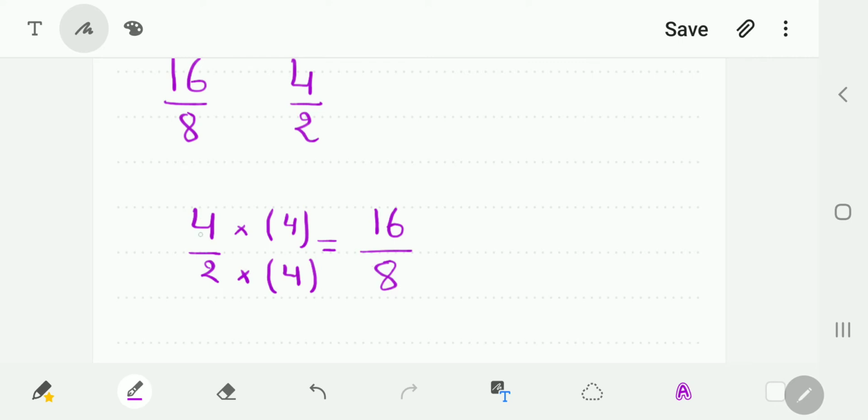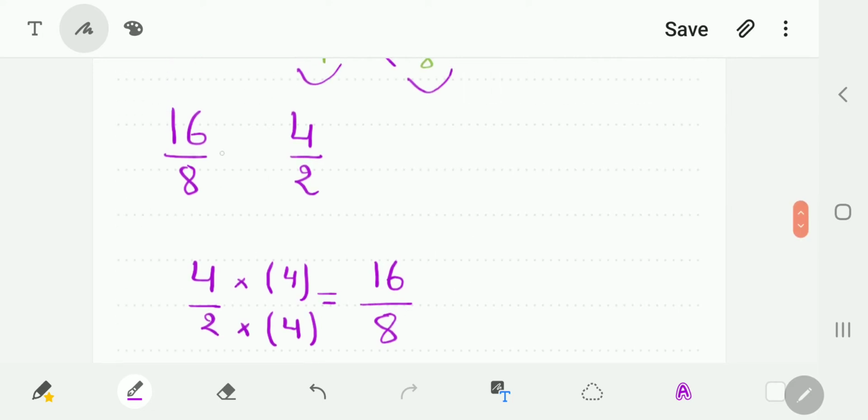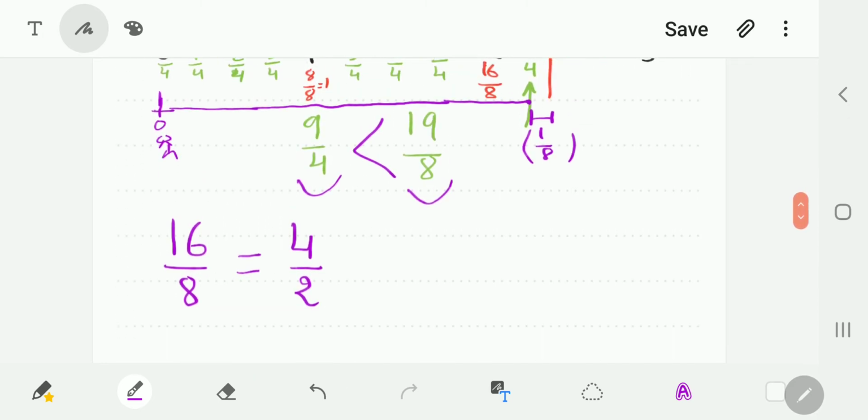So 4/2 is equal to 16/8. So now I go back to my problem and I say 16/8 is equal to 4/2. Very good.